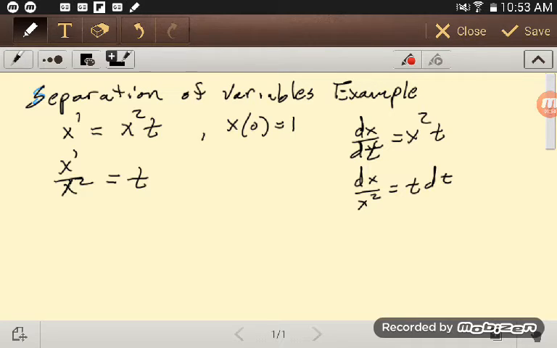The way I got to it was I multiplied both sides by dt, and then I used the fact that dx is equal to x prime dt, that differential substitution from Calculus 1. So that's what I used to get to dx over x squared is equal to t dt.